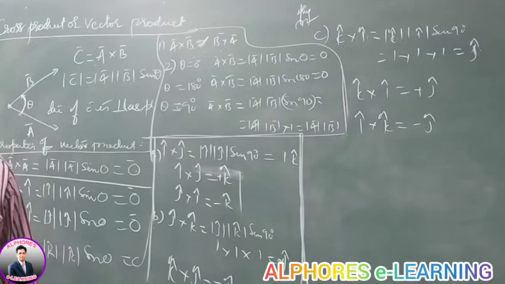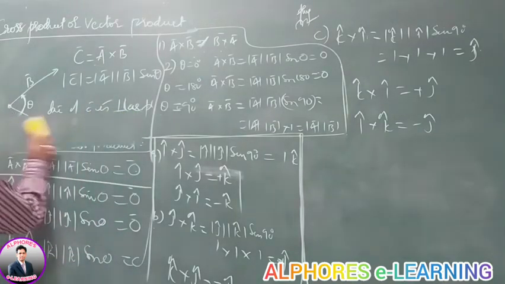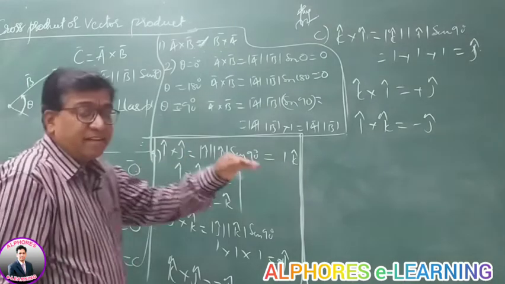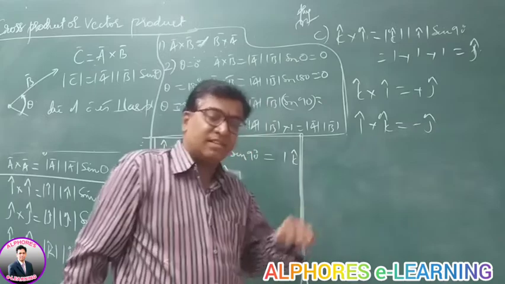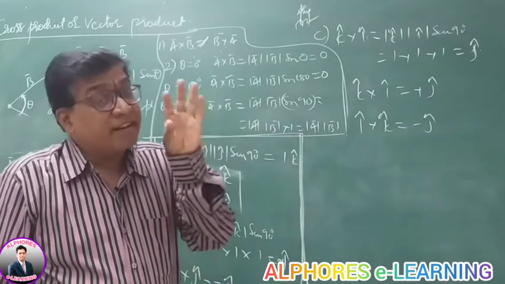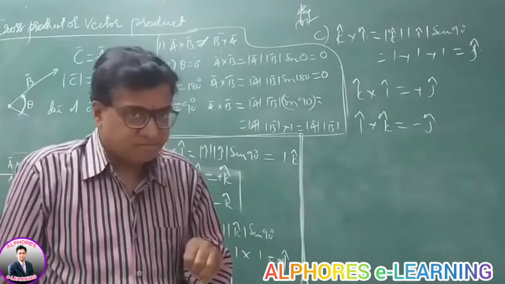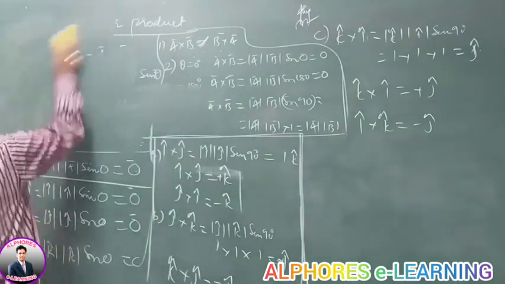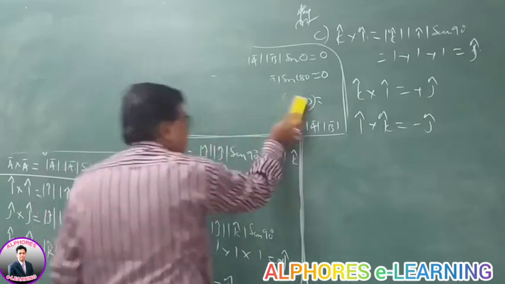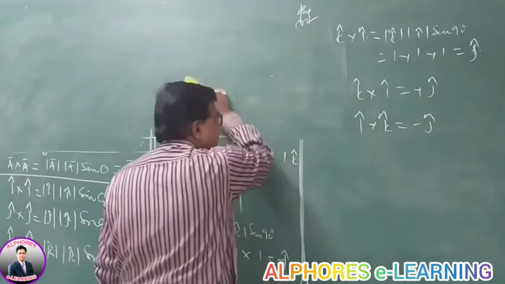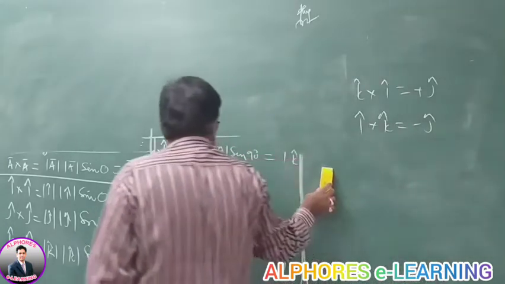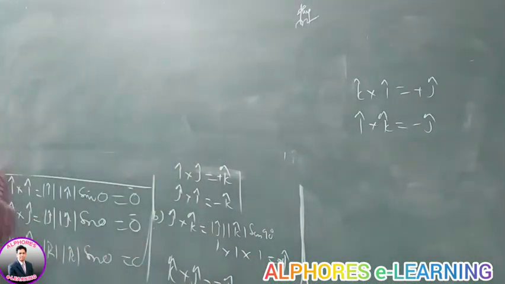Using these identities, let us now evaluate the cross product of two vectors when the vectors are given in vector notation, ijk form.